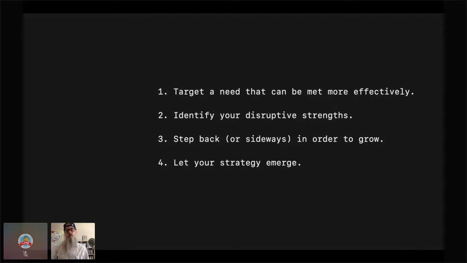Number three, we all need to step back. We're locked into our flows, into how WordPress works right now. But we should take a step back or sideways and view the field again, really take a good look at where everything's going. And finally, we want to let our strategy emerge. It's going to come from within us and from within all of us.